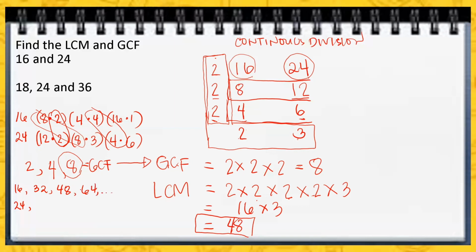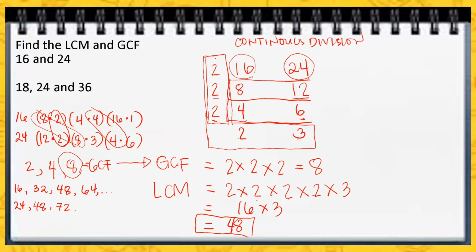Next, let's proceed with this one. So, 24 plus 24 is, or the multiple of 24 is 48. Then another one is 72. And so on.